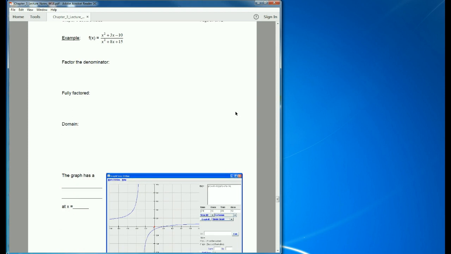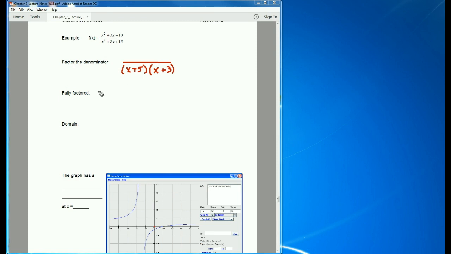All right, so a slightly different example. So we have a different rational function now. Again, if we start by factoring the denominator, x squared plus 8x plus 15 factors as x plus 5 times x plus 3. But in this case, it's a little different because we can actually also factor the numerator.